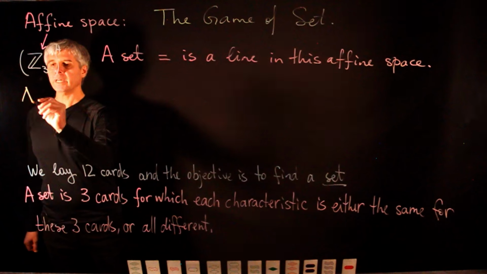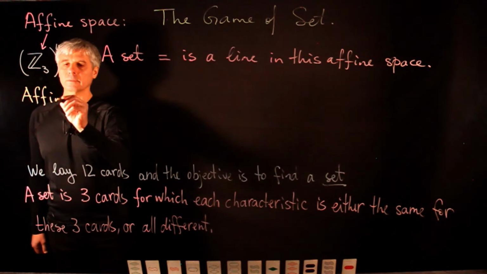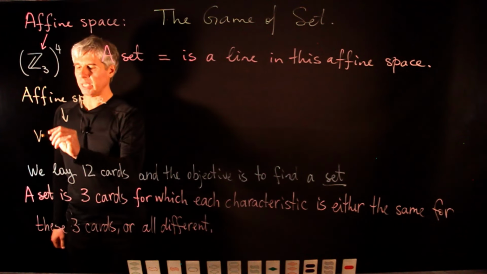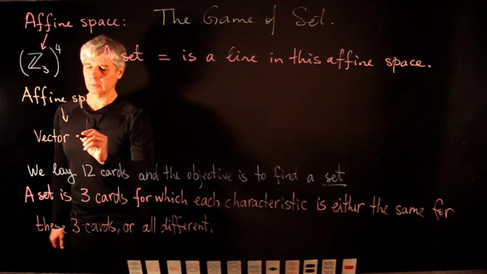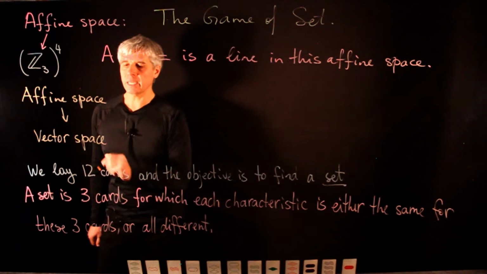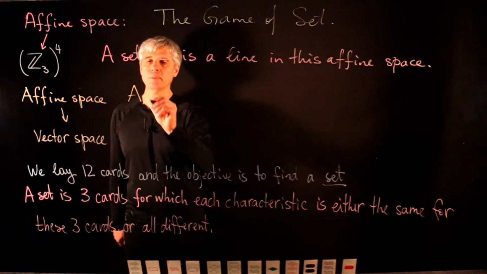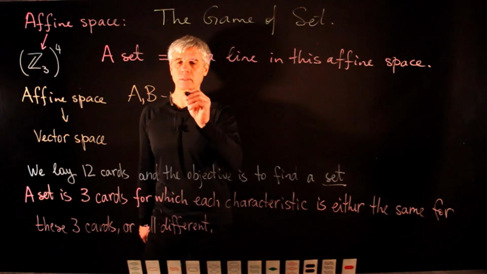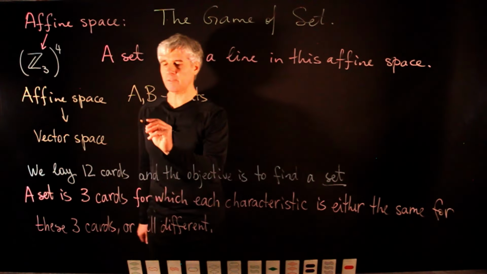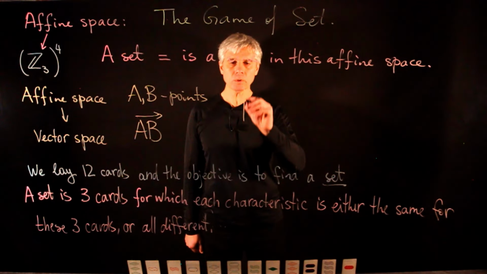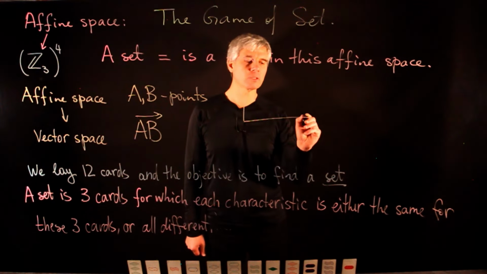If we have an affine space, then we can go to a vector space by taking displacement vectors. If A and B are points, then we can create the vector AB.